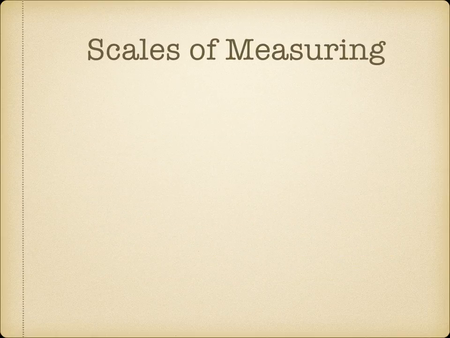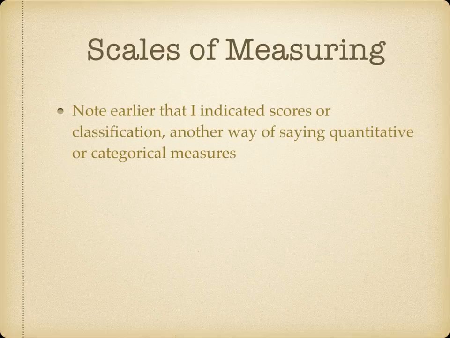So besides the source of the data, whether it be from the person's self-report, from observations, or from physiological measurements, there's also various different scales upon which we can do our measuring. Scores or classifications of the data are one way of differentiating things. That is, we can have some kind of amount or quantity, a quantitative measure, or a categorical measure.